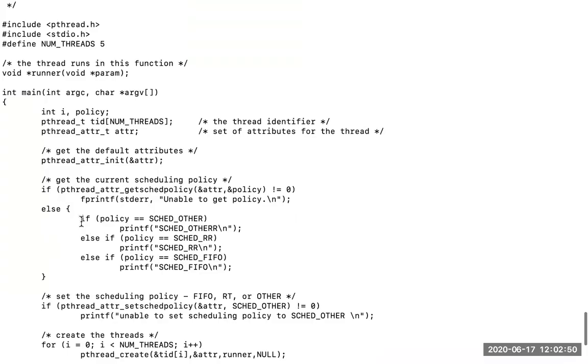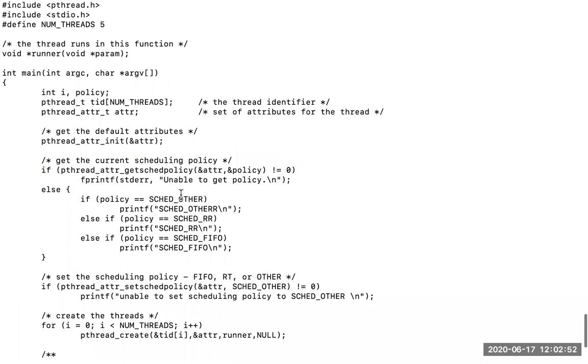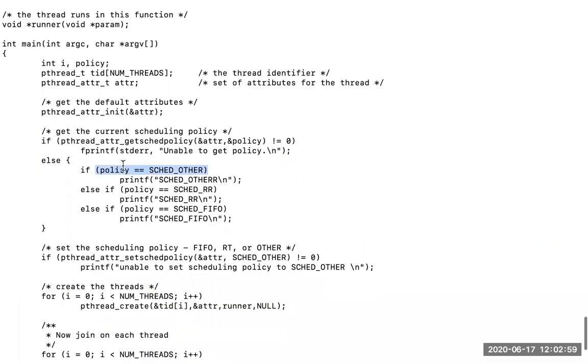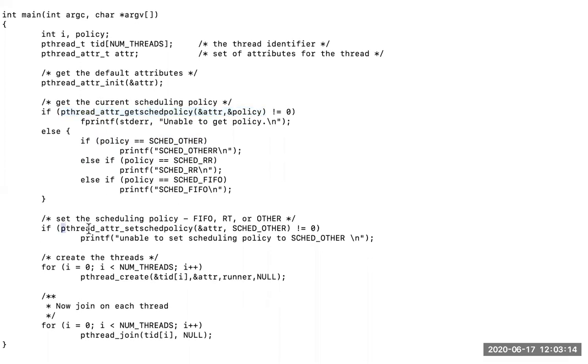Yeah, so for this particular program, what we are testing is which scheduling policy is used by this operating system. Once we get it, we can change it. Here you can see we are trying to get the policy, and if we see which policy is currently being used for the processes, we can change it to a different scheduling policy if we want.